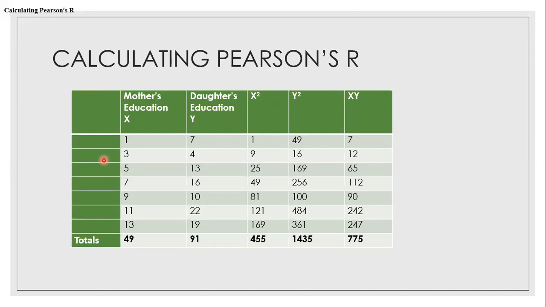We're using mother's education as the independent variable to suggest that the number of years of schooling the daughter will have is somehow dependent on the number of years of schooling the mother has. That can be for any number of reasons, but the thinking is that the daughter's education is dependent on the mother's education.